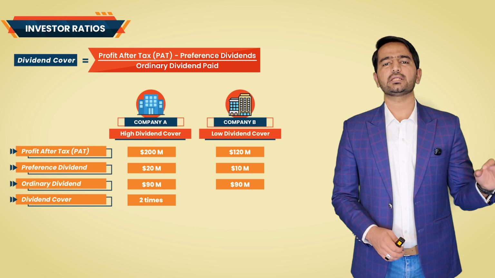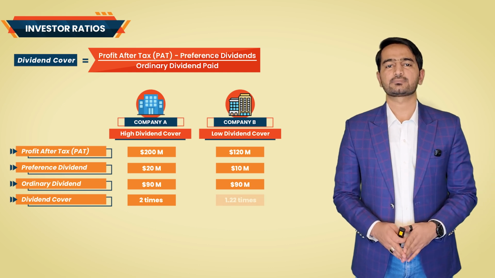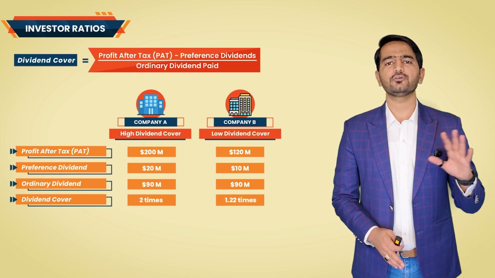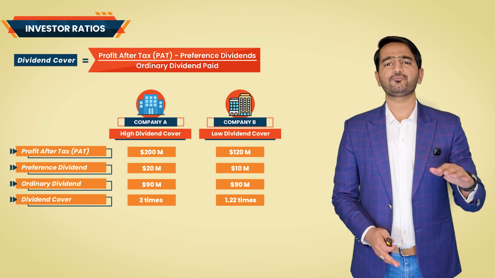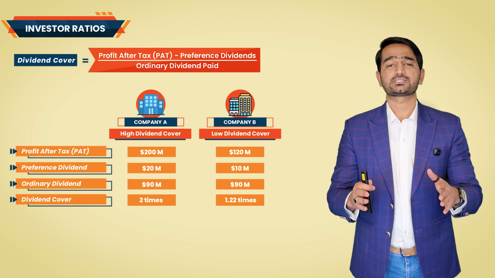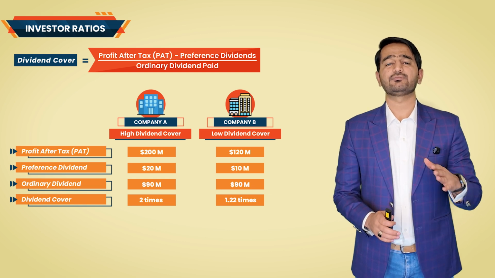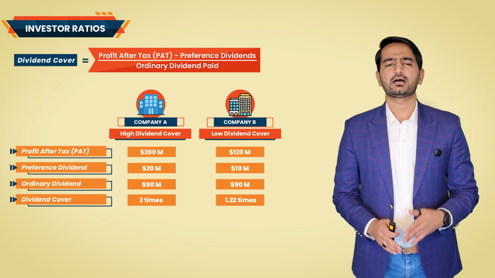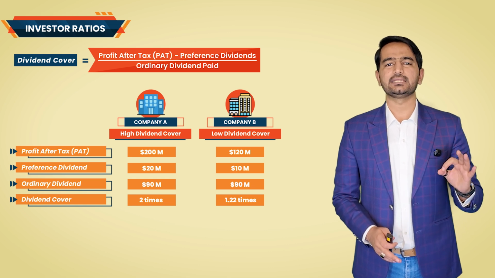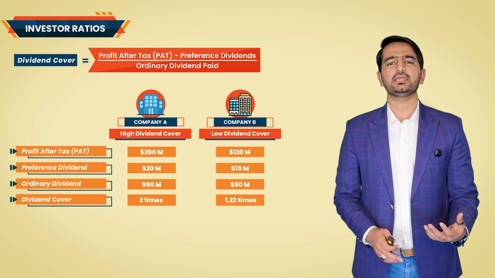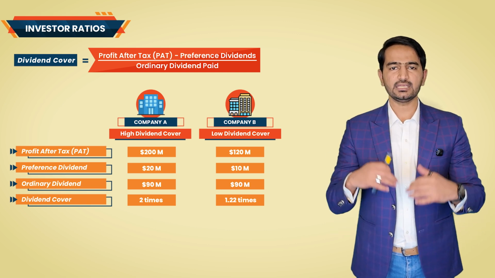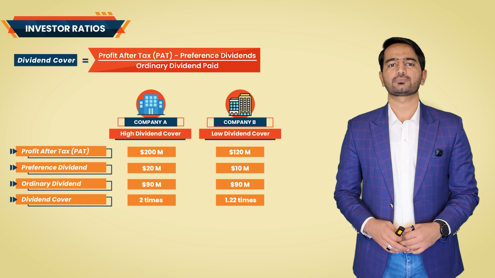Company B's dividend cover is 1.22 times, meaning almost all of its earnings are paid as dividend, leaving little amount for reinvestment. This might be unsustainable if the profit declines. A ratio of 2 is ideal. This means that the company pays 50% of earnings as dividend and reinvests 50% for growth.